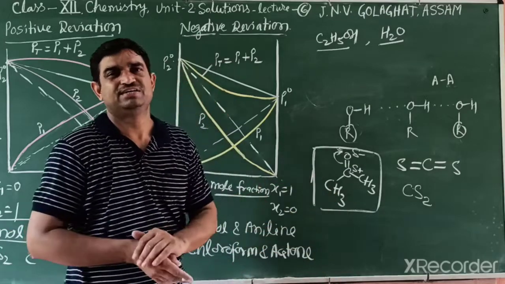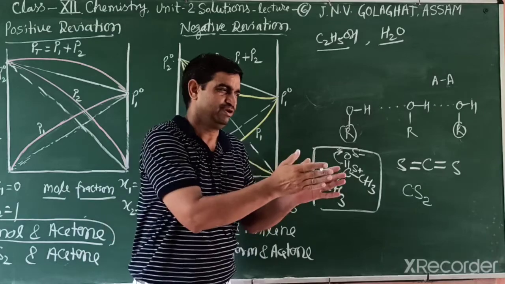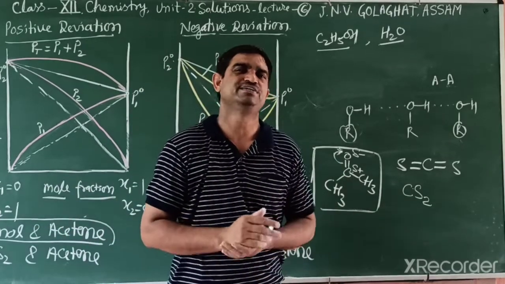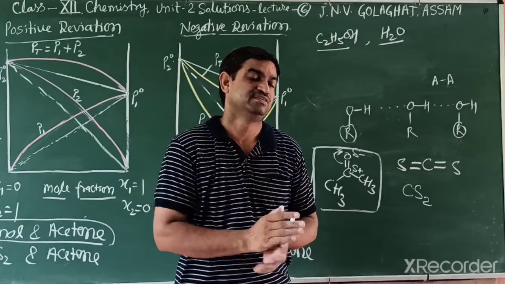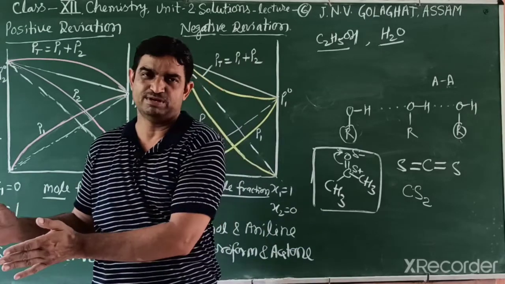We can explain positive deviation with a general example. Suppose a newly married husband and wife belong to different families, different types.